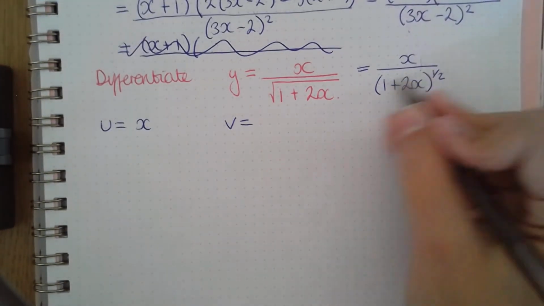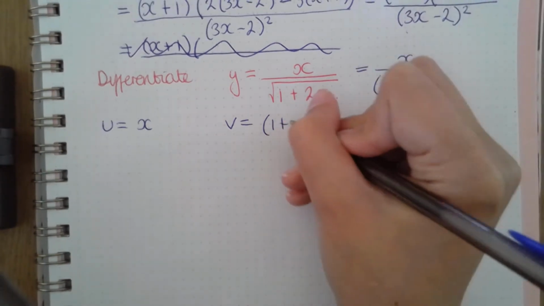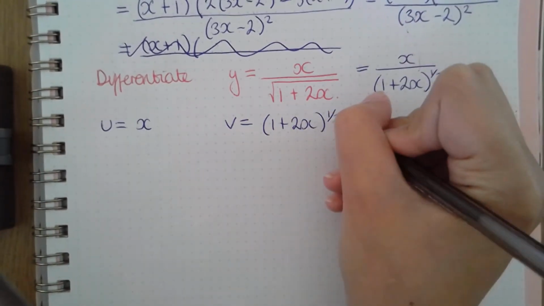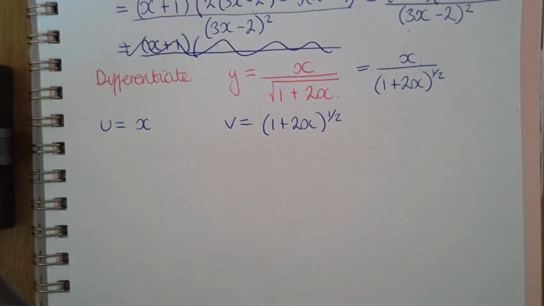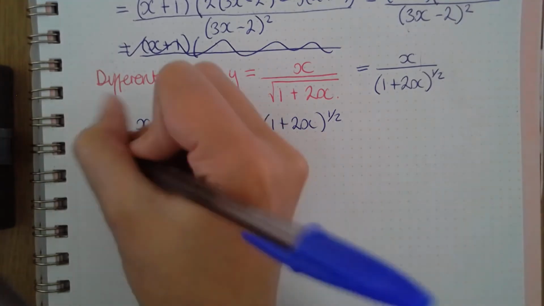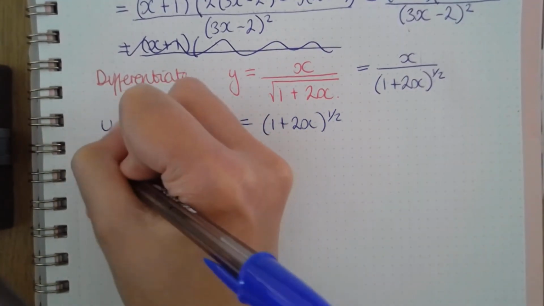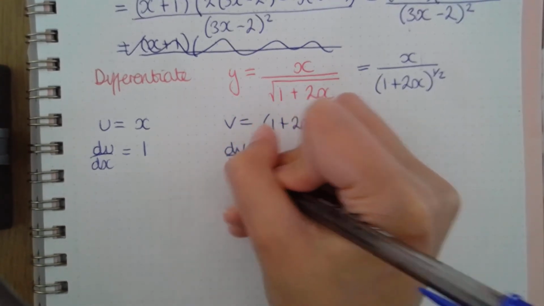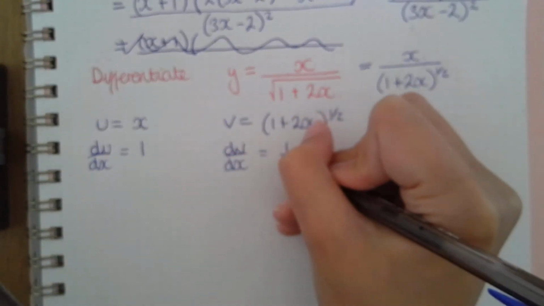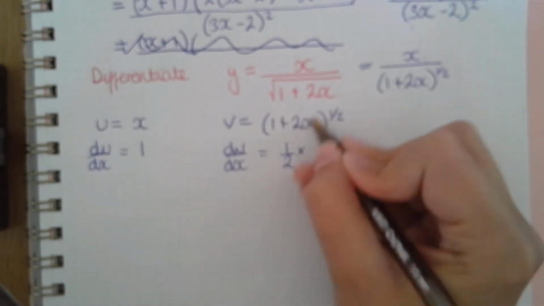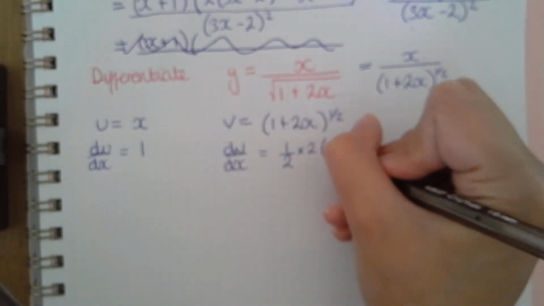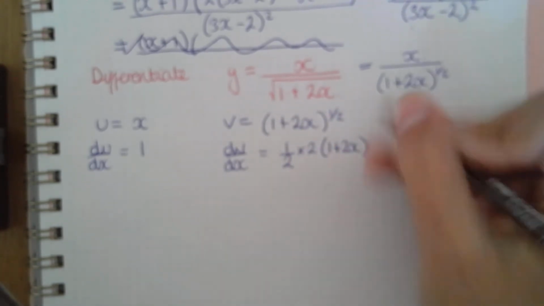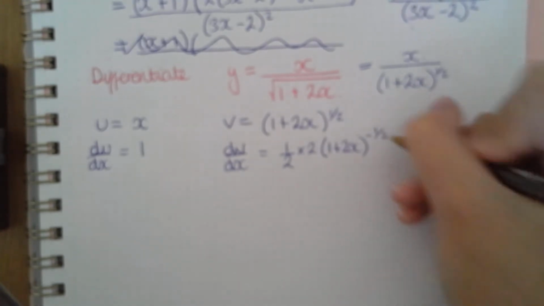So that's what I'm going to use for my v, 1 plus 2x to the power of a half, because to the power of a half is our square root. Okay, and then I'm going to use my differential, so du dx is just 1, dv dx is a half, times the differential of this is 2, lots of 1 plus 2x, take away 1 is negative a half.